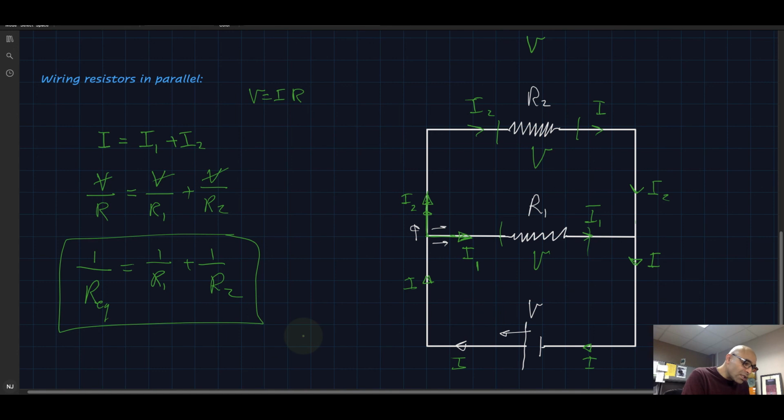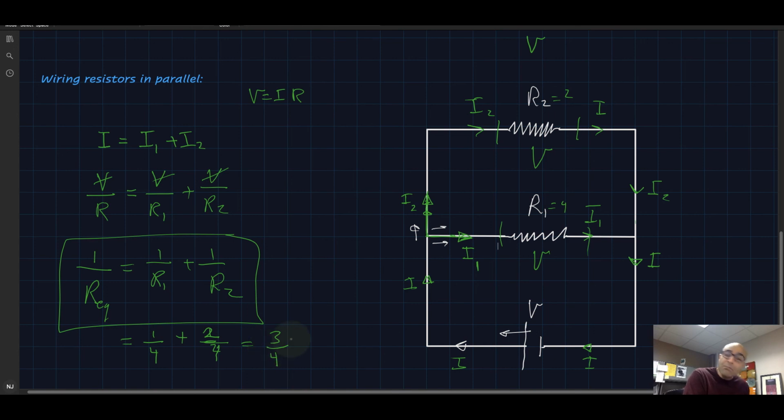Now notice something. If this resistor, for example, is equal to 4 and this resistance is equal to 2, let's just use this as a demo example. This would be 1 over 4 plus 1 over 2. I will make the denominator common, so 1 over 2 is actually 2 over 4. 1 plus 2 is 3, so this whole thing is 3 over 4.